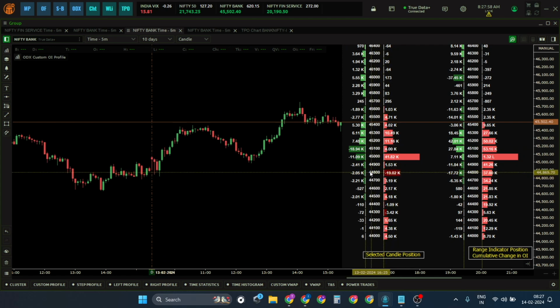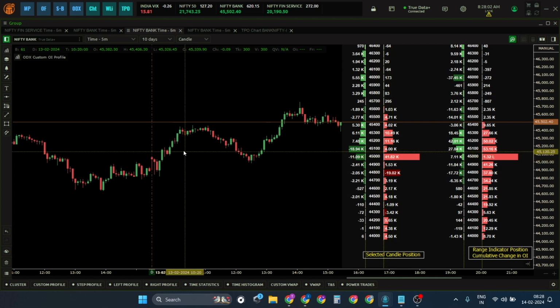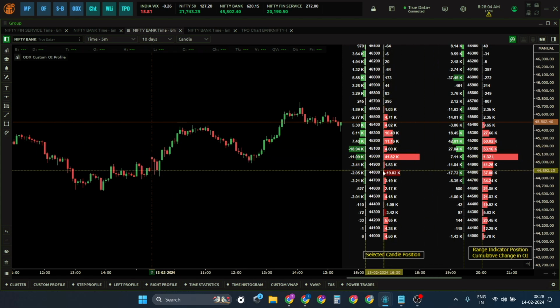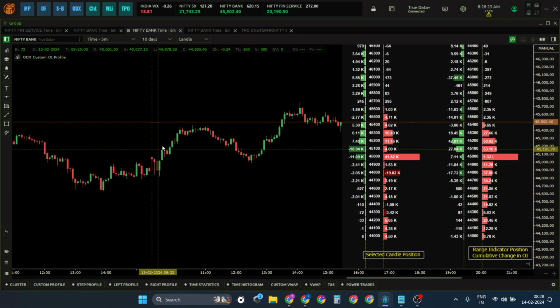So that's the reason they are slowly rolling over to 45,000 now. If you see in this particular candle, from minus 19.02k these positions are booked, and they added 41.82k in 45,000. And you can see that's the reason 45,000 became strong, and throughout the day it is not disturbed. You can clearly see this 45,000 at 1.32 on this candle.